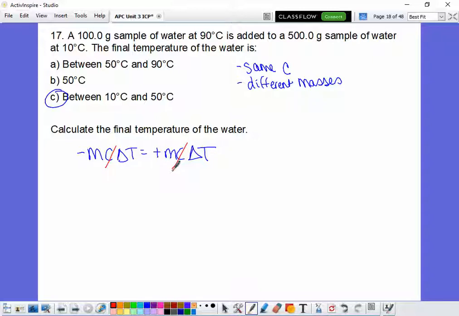Different masses, different samples, different initial temperatures, everything. The only thing that was the same was the final temperature. So, negative MCΔT is going to be the sample that's decreasing its temperature. So that's going to be my 90-degree sample, or my 100 grams. Positive MCΔT is going to be the one that's increasing temperature, or the 500-gram sample.